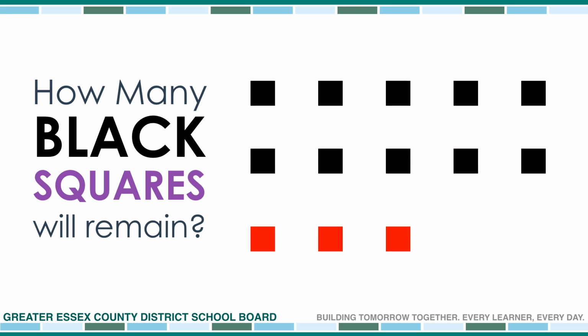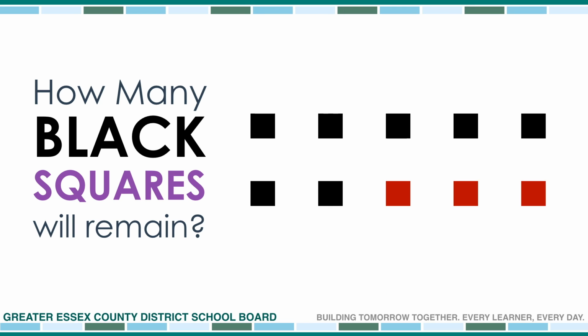So here, when we see this zero principle in effect, we're left with a total of 7 black squares. Pretty easy stuff.